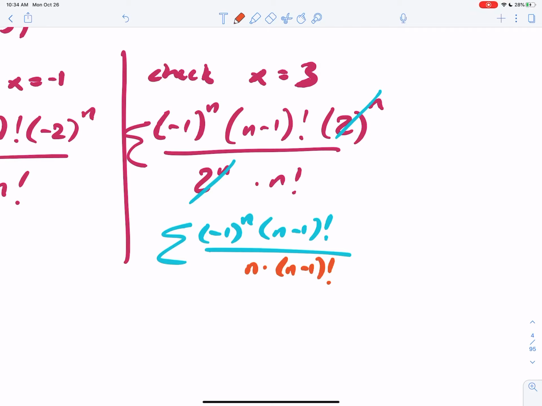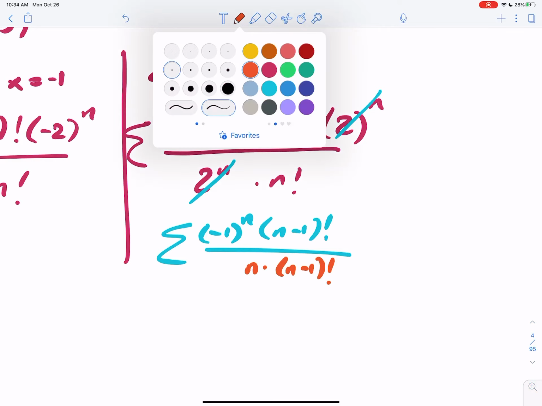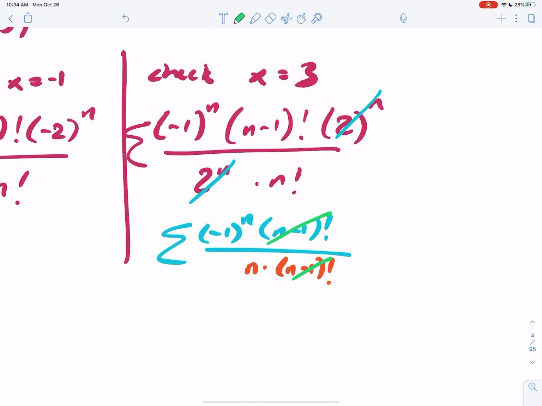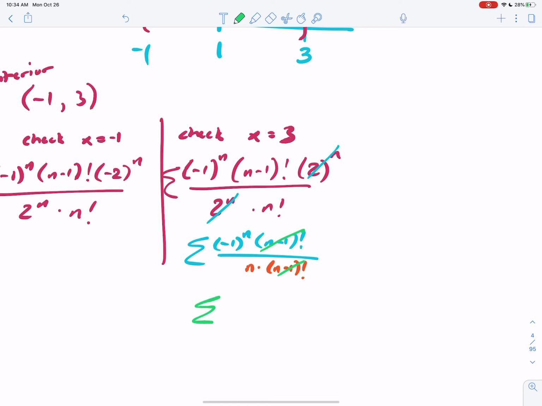Look back at that video if you need to, okay? So I stopped there because now I noticed that I could actually reduce out the n minus 1 factorials. So I'm left with -1 to the n times 1 over n, okay? Or all over n if you wanted to.